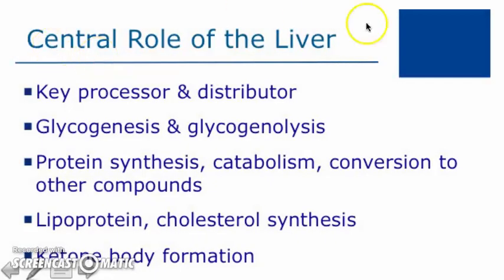We see that the liver plays a key role in the metabolic pathways for each of the macronutrients. It acts as a processor and distributor. For carbohydrate metabolism, it's involved in glycogenesis and glycogenolysis, additionally in gluconeogenesis.